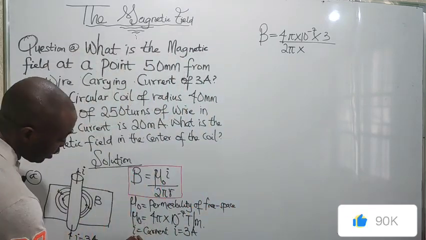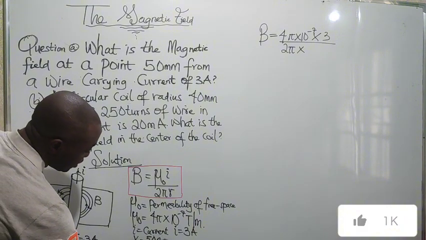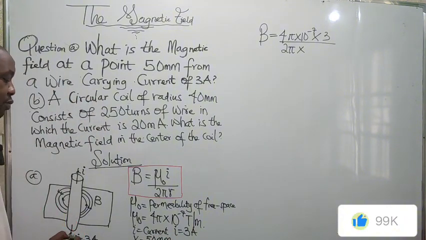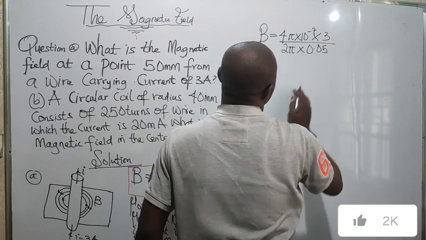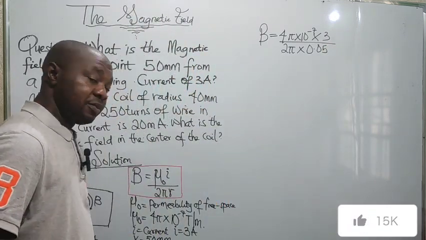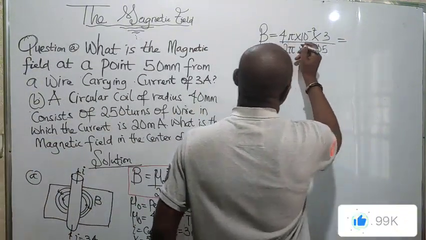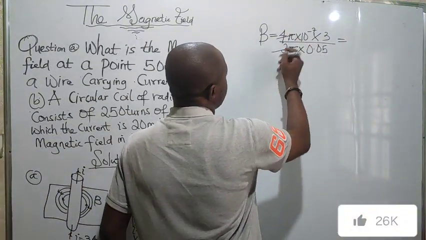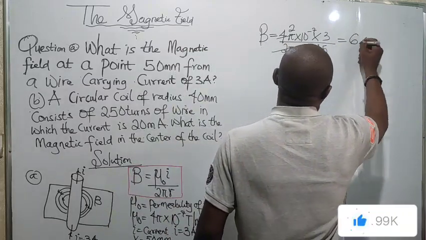The radius is given to be 50 millimeters. When we divide 50 by 1000, that will be 0.05. 4 pi divided by 2 pi is 2, and 2 multiplied by 3 is 6.